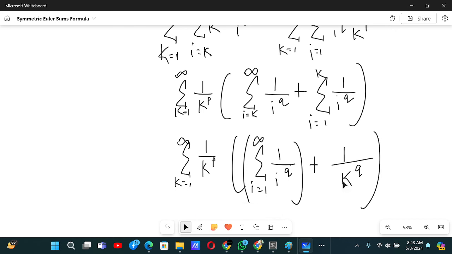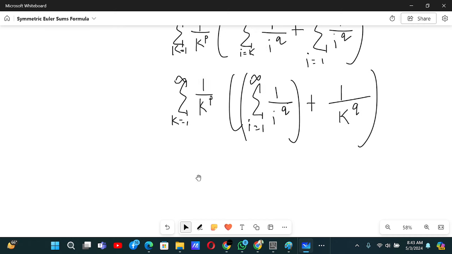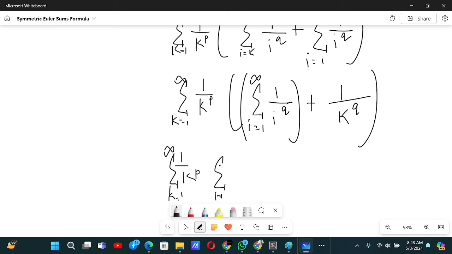Now let us multiply these things, so we get the sum from k equals 1 to infinity of 1 by k to the power p, times the sum from i equals 1 to infinity of 1 by i to the power q, and then plus the sum from k equals 1 to infinity of 1 by k to the power p plus q.